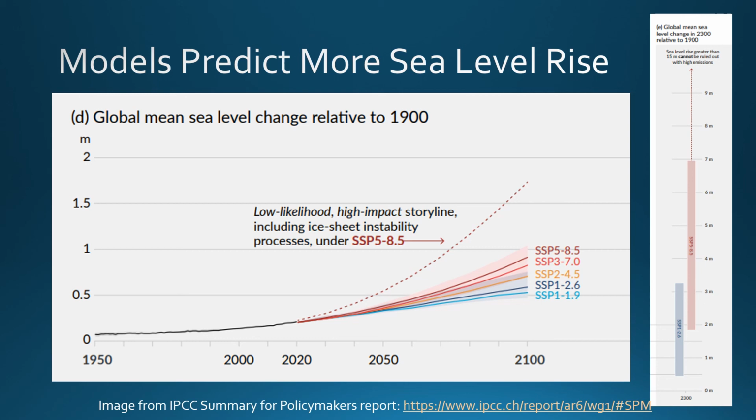So the different models predict a sea level rise of about 0.5 meter or 1.5 feet under the best scenario, and up to 1 meter or 3 feet under the worst scenarios.